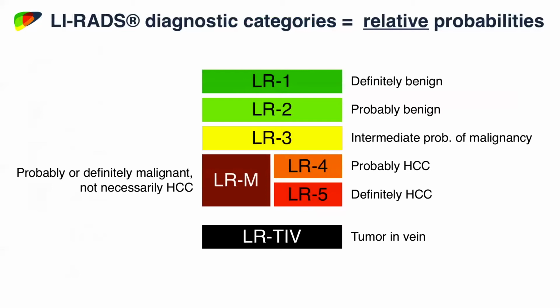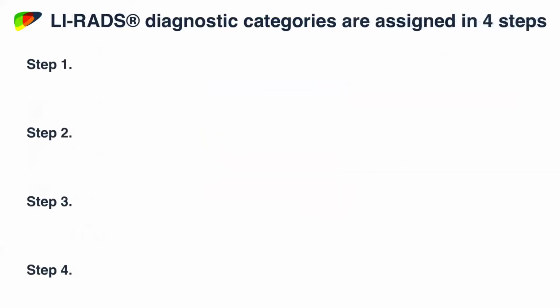And then you put the patient on immune suppression so they don't reject the liver transplant. And if you suppress someone's immune system, what happens to all these little tiny metastases? They grow very, very fast. So if you do a liver transplant in someone who has metastatic disease, all you have done is hasten their death. So you do not want to do a liver transplant in someone with LRTIV because the probability is very high that they already have metastases outside the liver. LRNC, not categorizable.